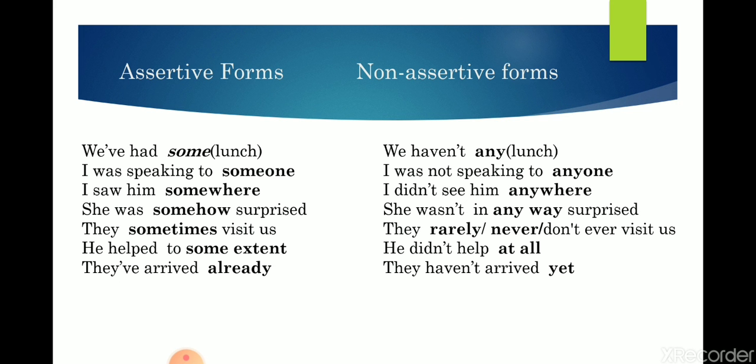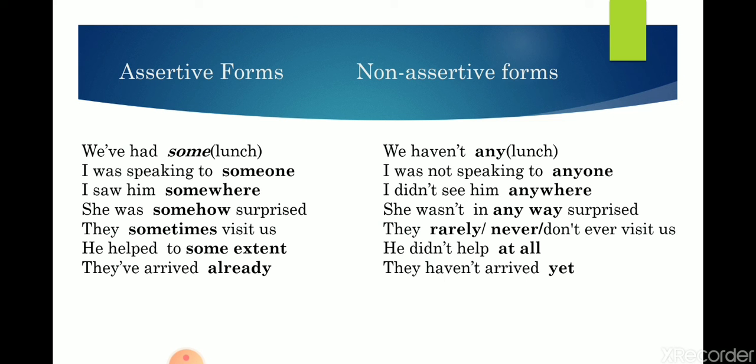So let us see some of these words or these forms. In this slide, on the left column, we have the assertive forms, assertive words. And on the right one, we have the non-assertive forms. Here I wrote them to you in bold so that you can distinguish them. Let us read some of them. We've had some lunch. So the word some here is used with the positive sentence.